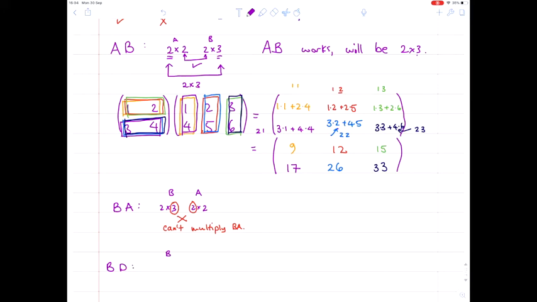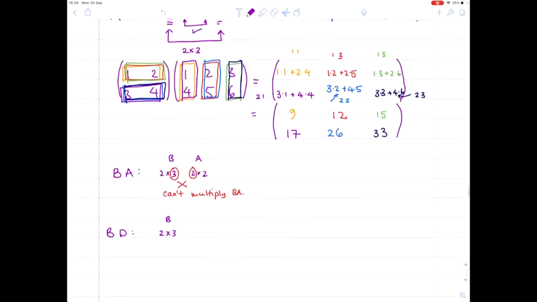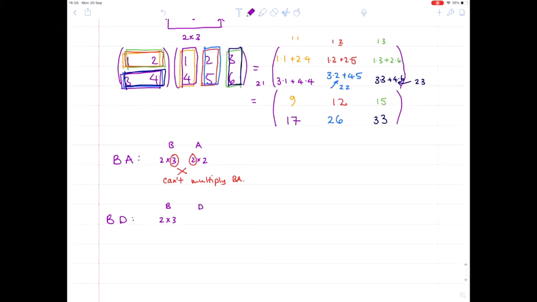So we know that B is a 2 by 3 matrix, and let's go and have a look. Where's D? D is a 3 by 1 matrix. So we can see our inner dimensions match, so we can multiply them. And this tells us, if we look at the outer dimensions, that what we will get is a 2 by 1 matrix.